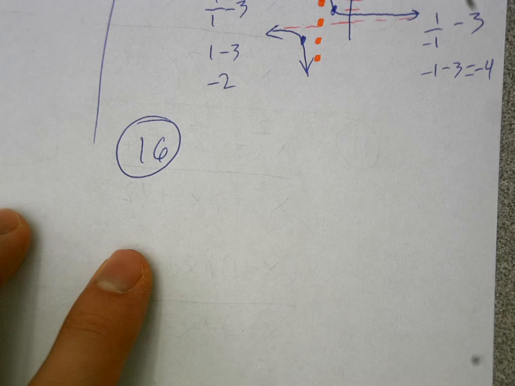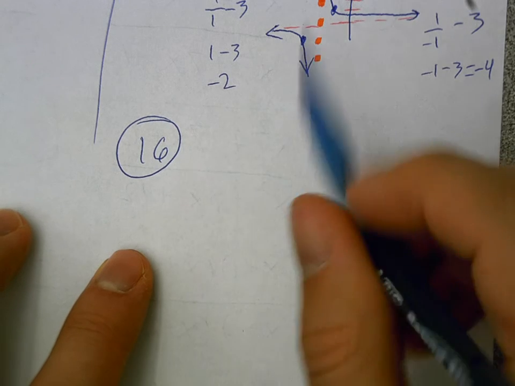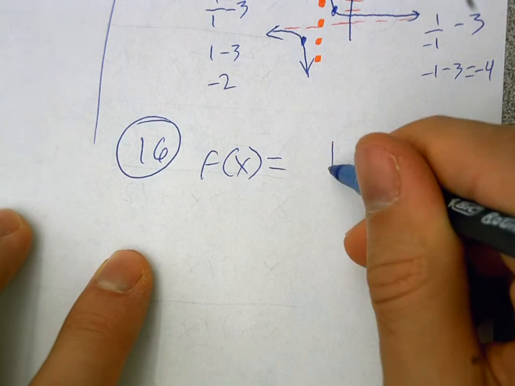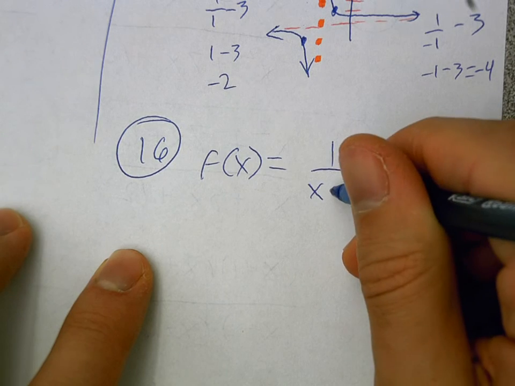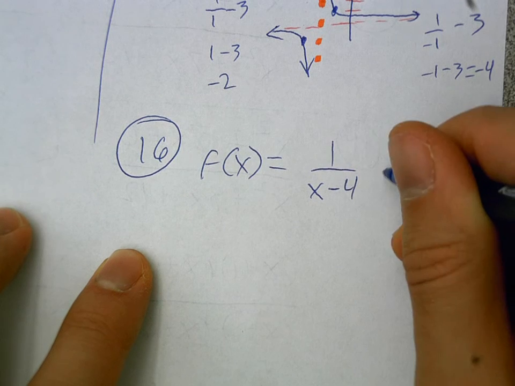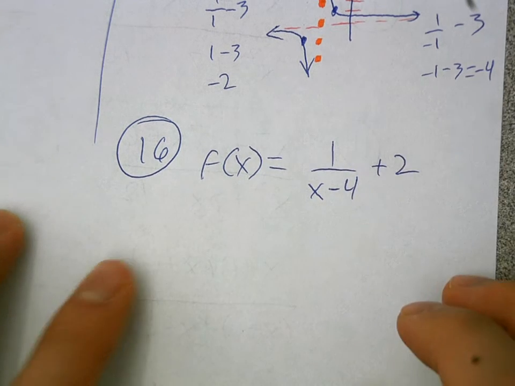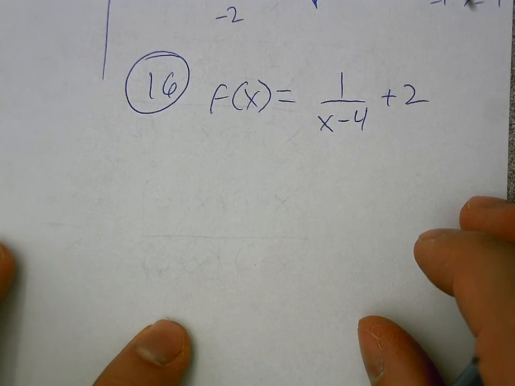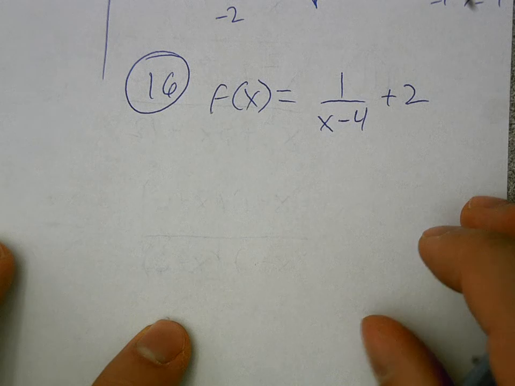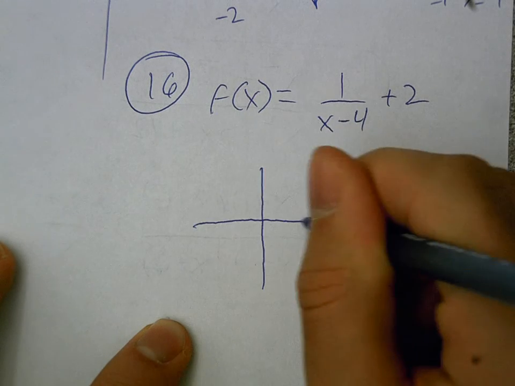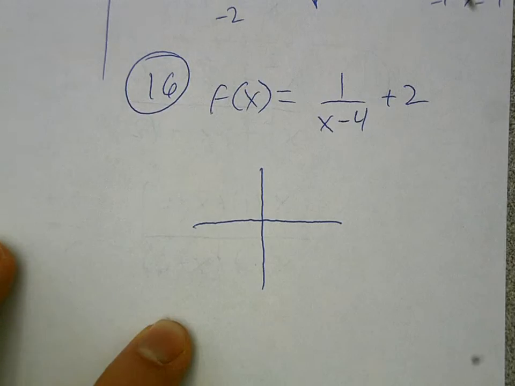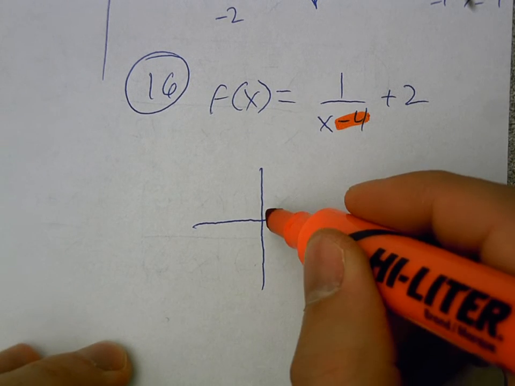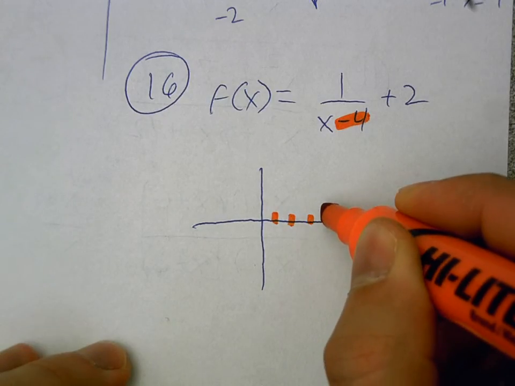For number 16, let's do f of x is equal to 1 over x minus 4, plus 2. So if I graph this, the minus 4 right here is going to take me right 4. 1, 2, 3, 4.